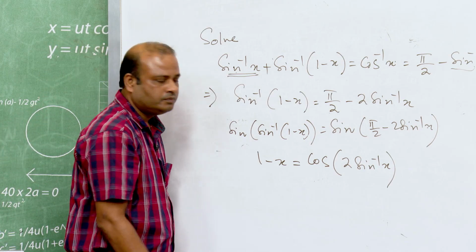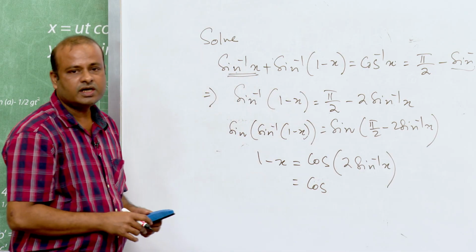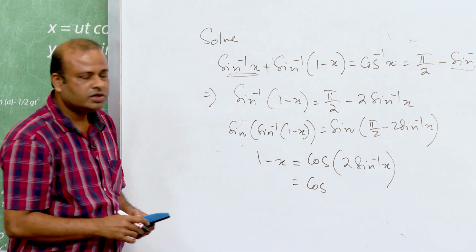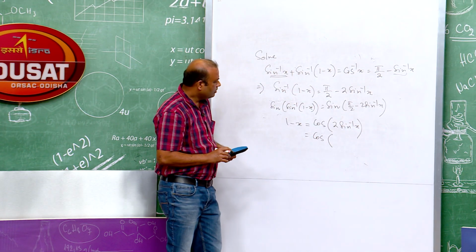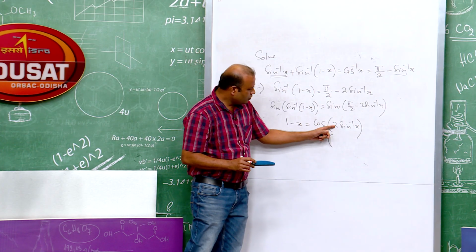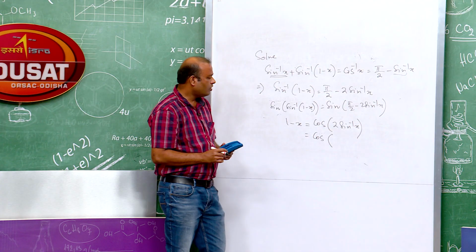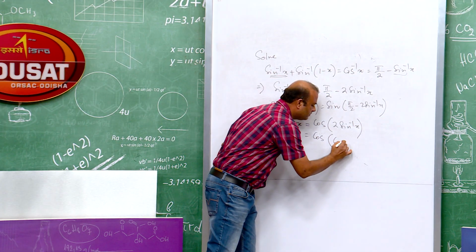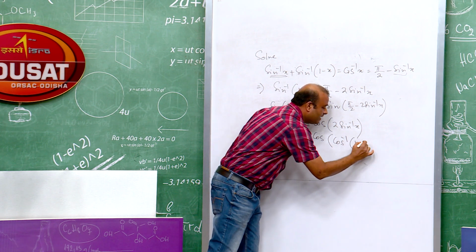And you know cos 2 sin inverse x can be written as 1 minus 2x square.